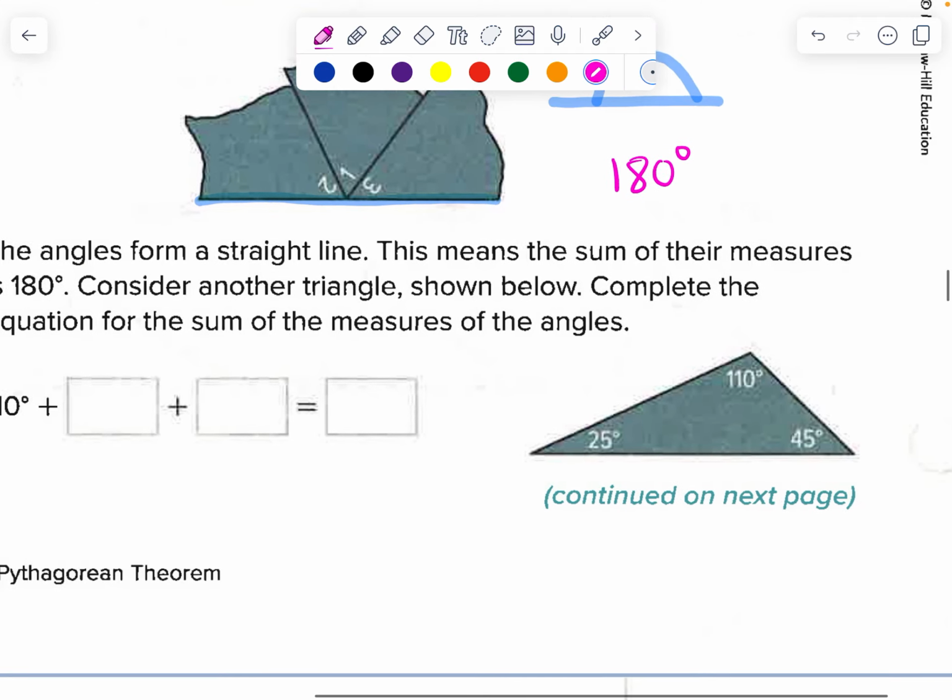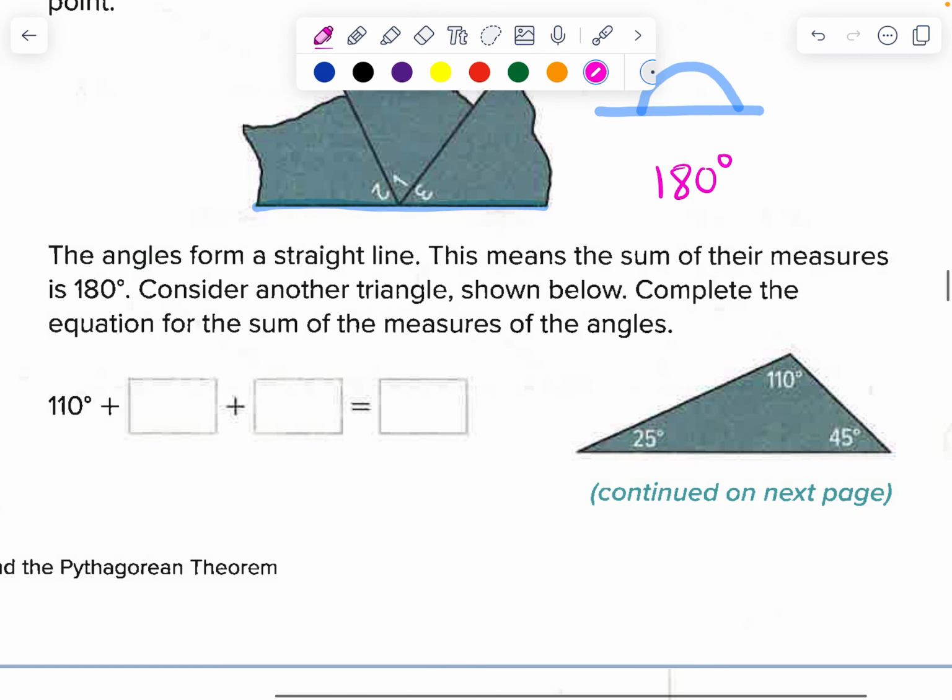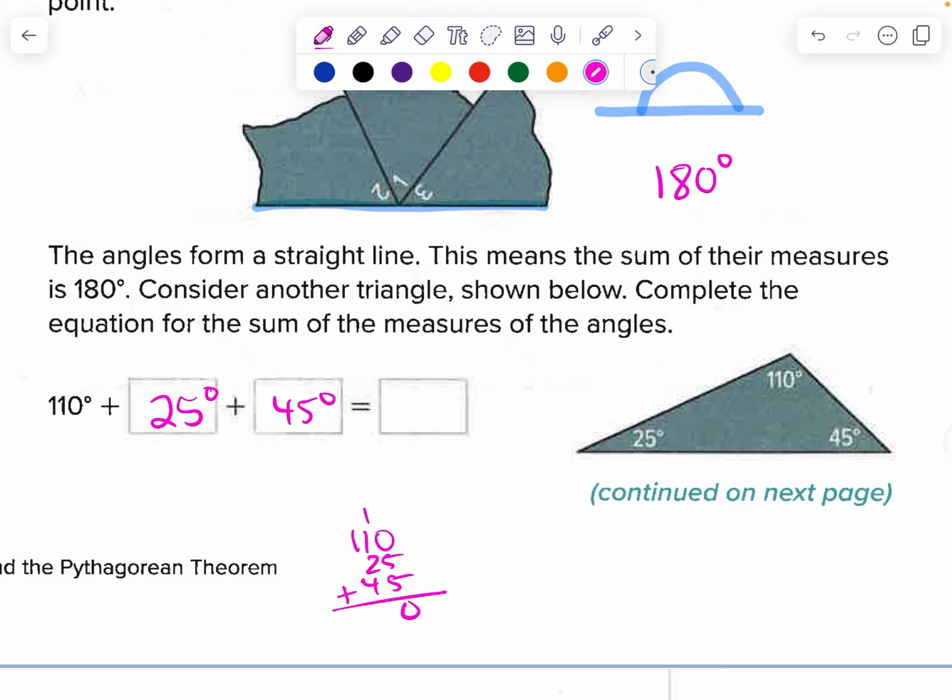So let's look at this. I'm going to take 110, 25, and 45. 110, 25, 45. This becomes 10, 2, 4, that's 8, 1.